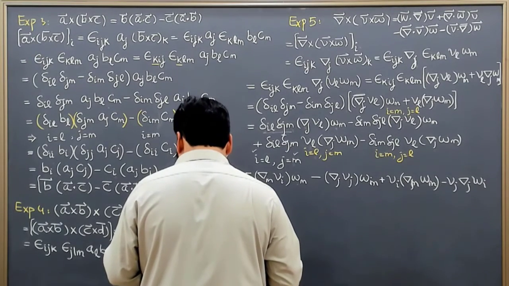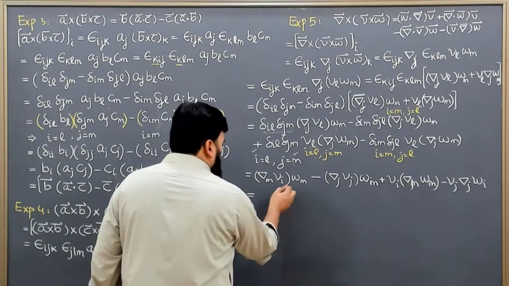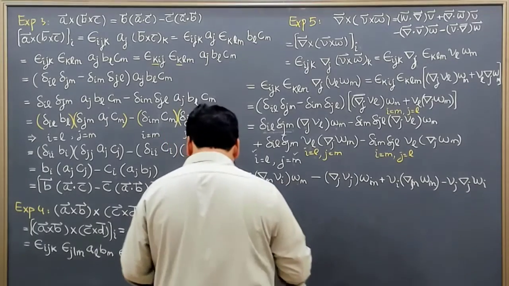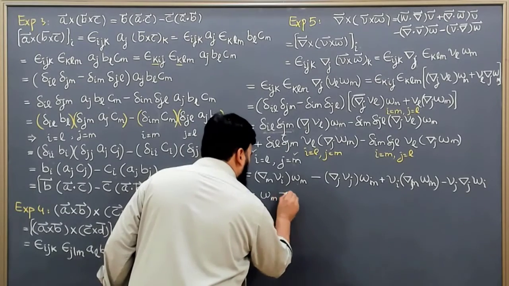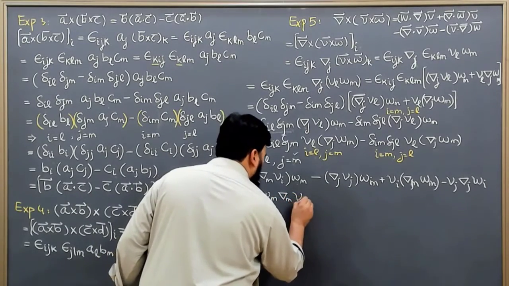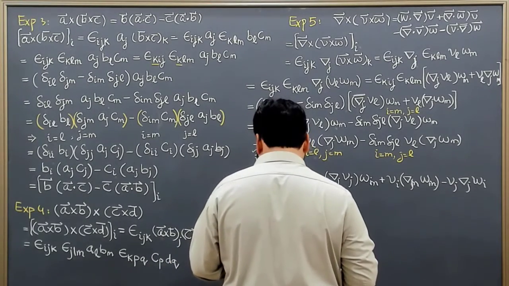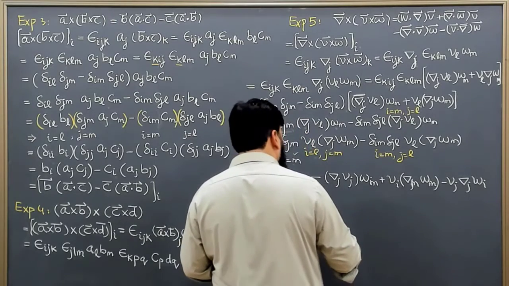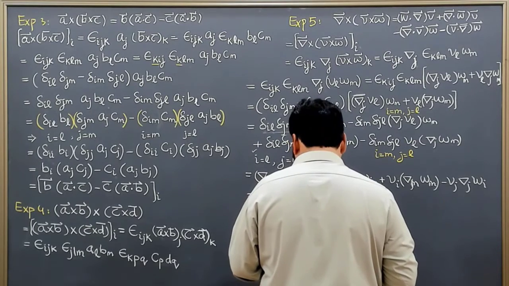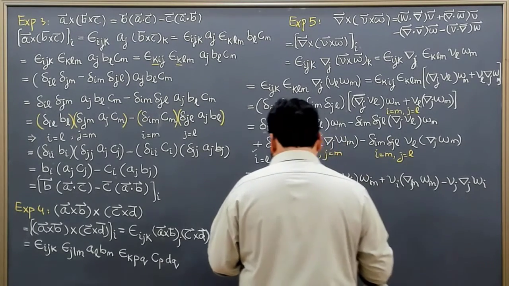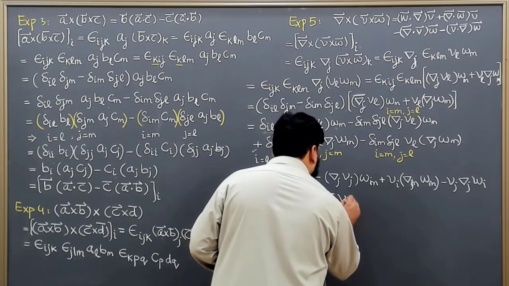So from here I can write that this is W_M del_M V_I, minus, this is the ith component, so I will keep the I on the other side, and this is del dot V, dot I, this is del_J V_J.